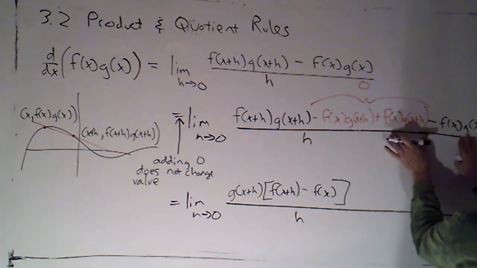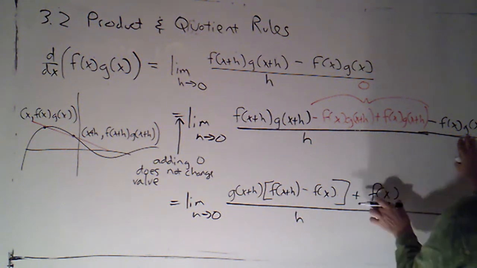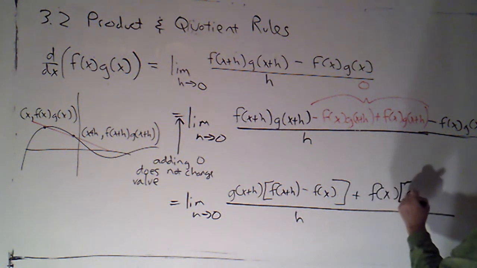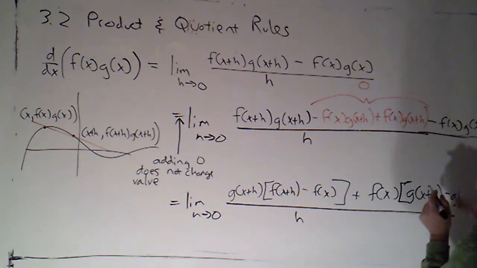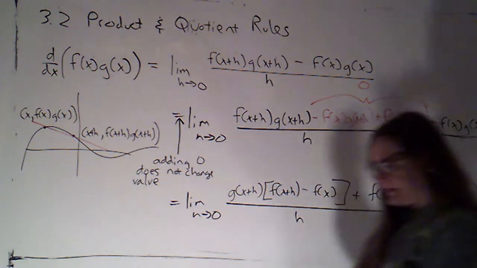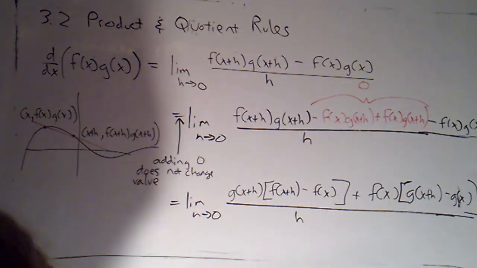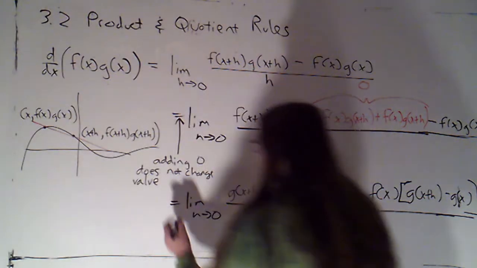Now from the last 2 terms, I'm going to factor out the f of x. So that's going to be f of x, multiplied by g of x plus h minus g of x. Excellent. Again, not at all obvious why I'm wanting to do this, but certainly I'm allowed to factor.